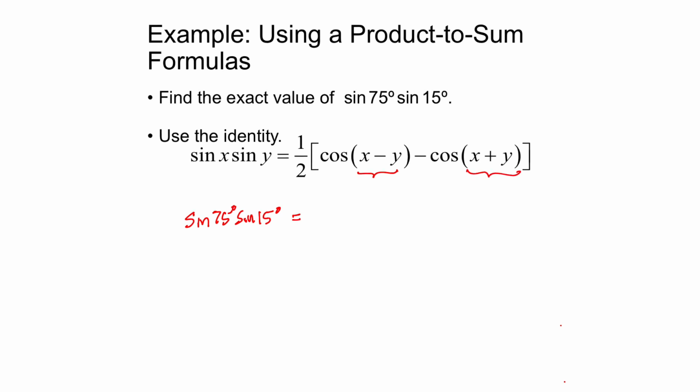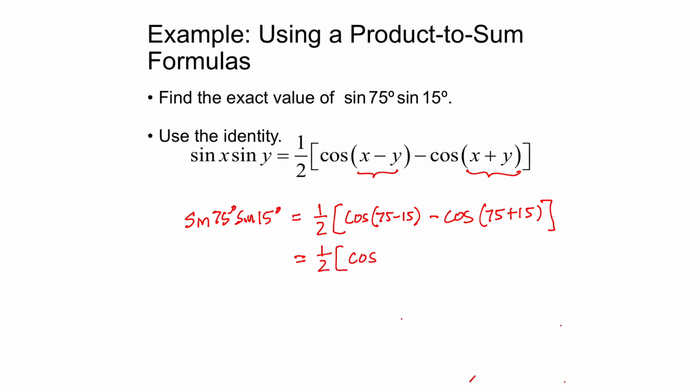So in rewriting this, we just want to use the formula that we have there. That gives me cosine of 75 minus 15 minus the cosine of 75 plus 15. And 75 minus 15 gives us one of our special cosine values, 60.